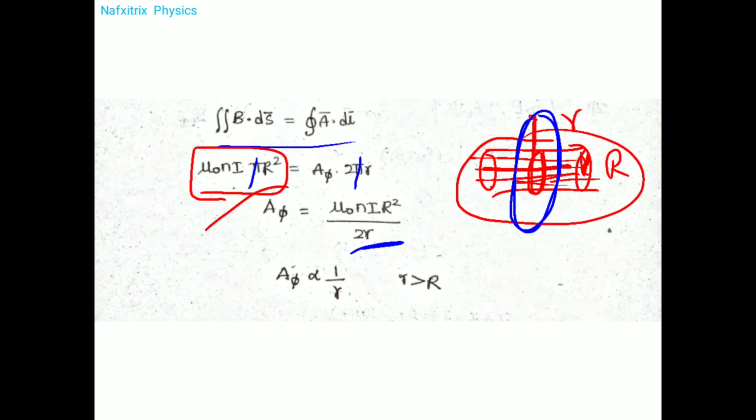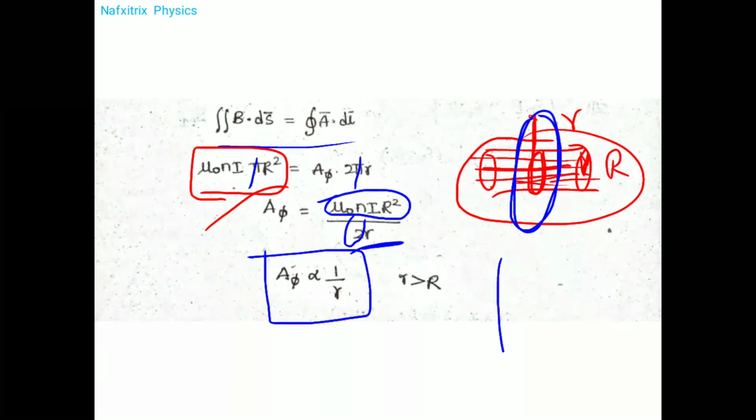If we keep mu 0 n i, the radius of the solenoid, and 2 constant, finally we can see that A phi is inversely proportional to r. So outside the solenoid the vector potential is inversely proportional to r.